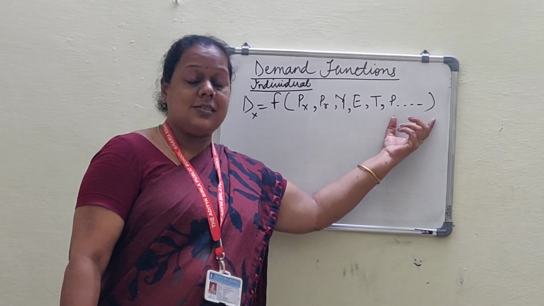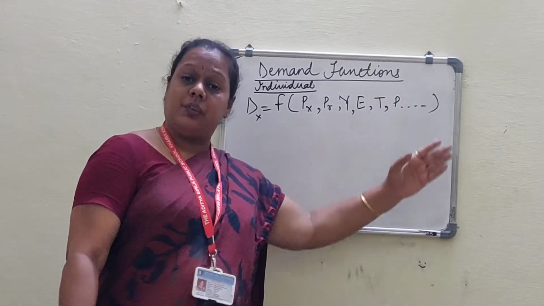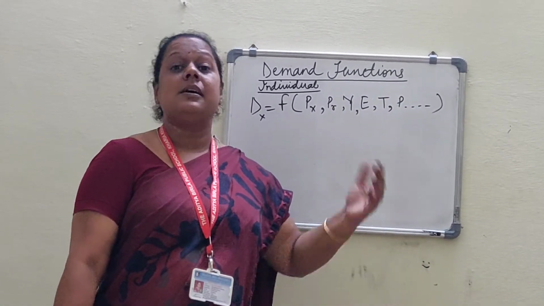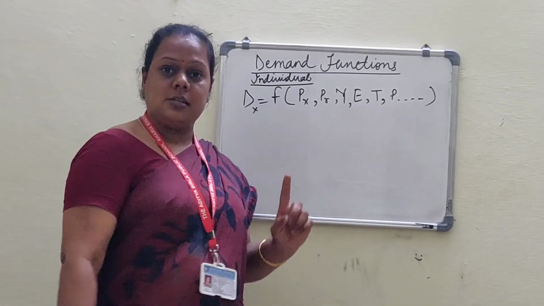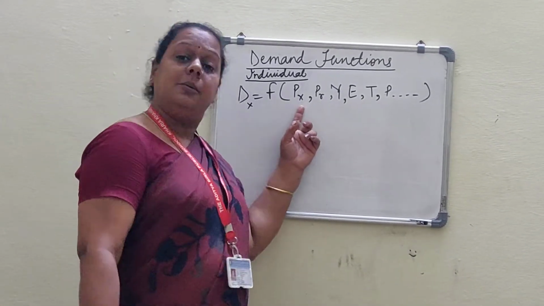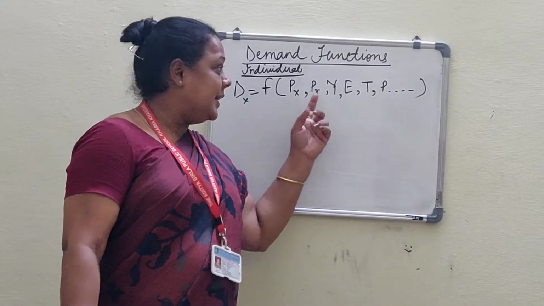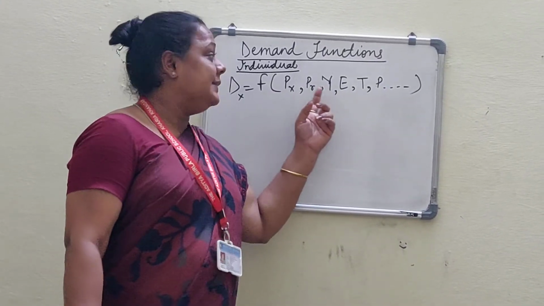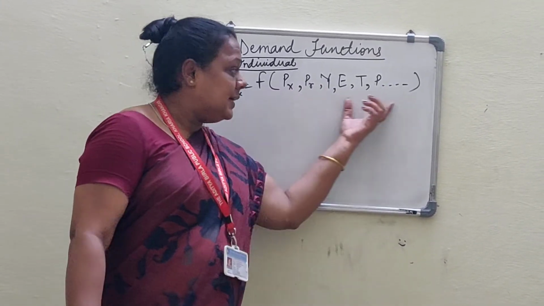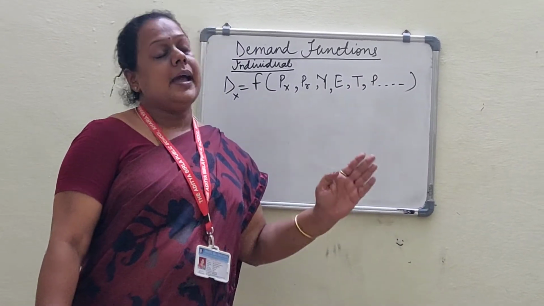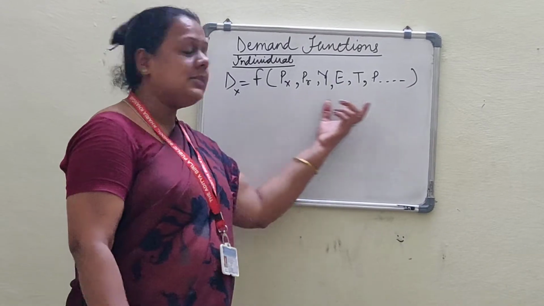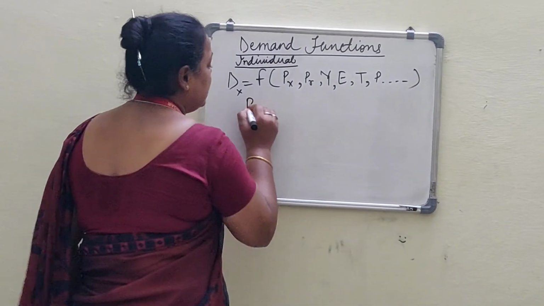Why is that so? Because taste, preferences, fashion, these things come at the end. But the first thing that comes into consideration for any person is the price of its own commodity. Then the price of related goods. Then income. So these things are always taken in a specific sequence and we are not supposed to change this sequence.